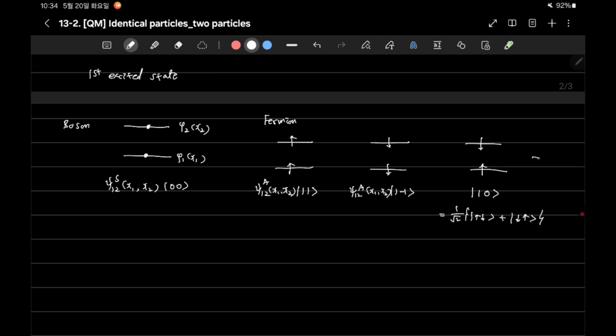And the singlet state is the same kind of up down and down up combination, but here the spin state is 0, 0. Because it is an antisymmetric spin state, psi 1, 2 should be a symmetric wave function in x1 and x2.